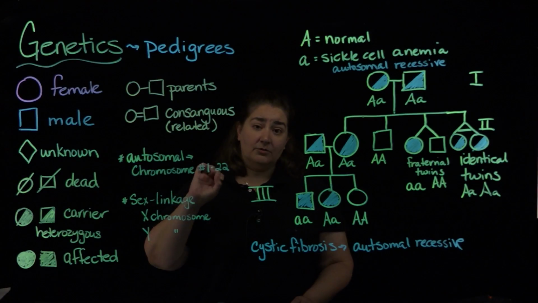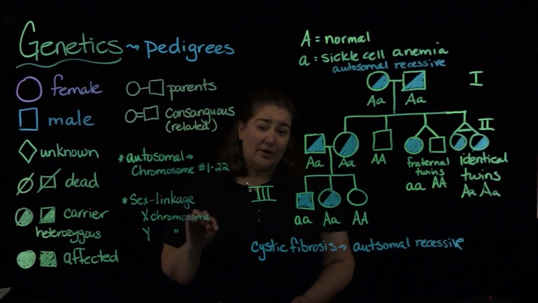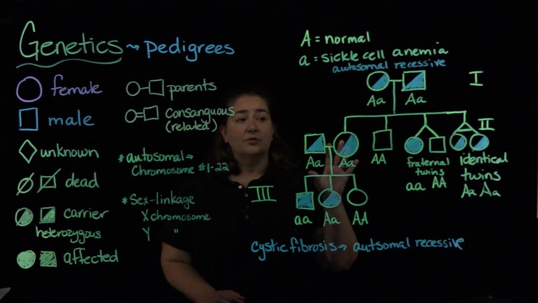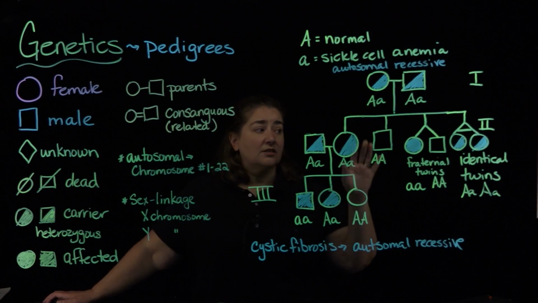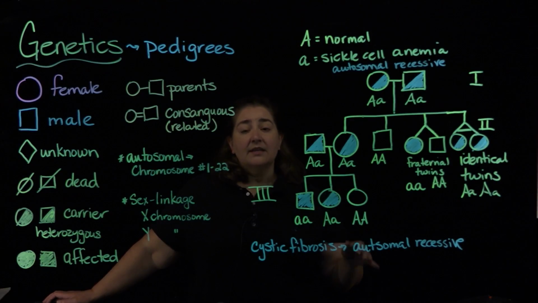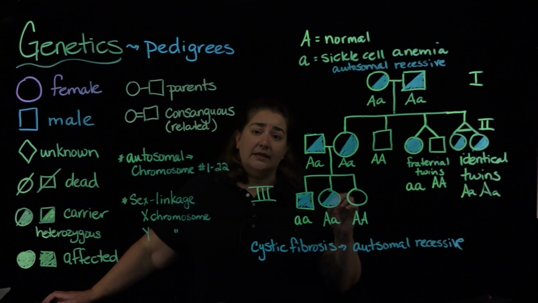But those are two terms I want you to be aware of as far as our pedigrees go. So the pedigree that I drew up here would be an example of a trait that is autosomal recessive. Next video, I'm going to draw out what an autosomal dominant trait will look like, and then I'll also draw out what a sex-linked pedigree would look like.